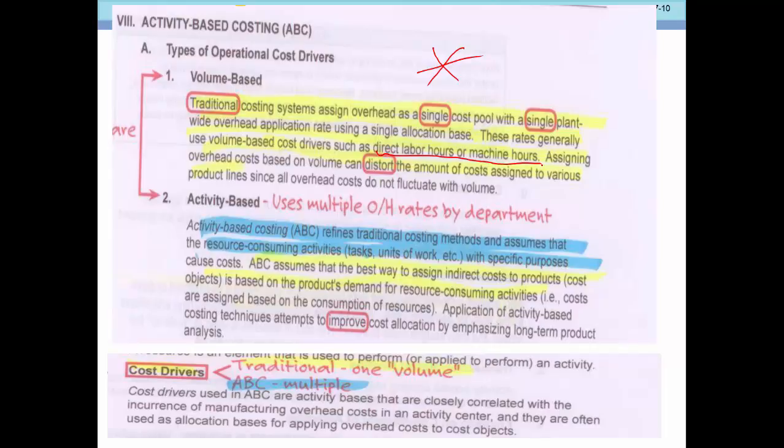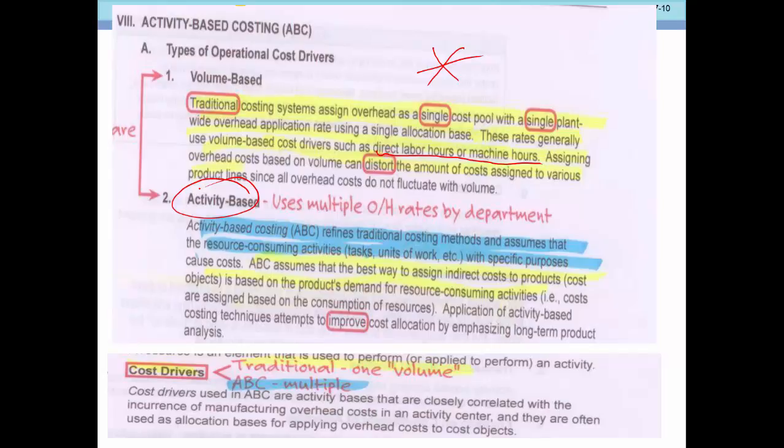Okay. And what can happen is you can have a distortion of your product cost, because not all products will use those number of machine hours, those number of labor hours. They may have other activities that are more related to their particular product, and so we're getting a cost distortion by just using that one driver. So what we're going to learn for activity-based costing, and what we've already seen, but I like this better because it summarizes it better.